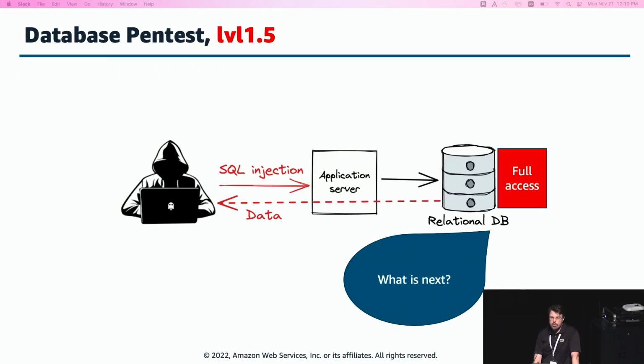So finally, when we have access and we have completely compromised the MySQL database, or we assume that we did compromise PostgreSQL to the point where we have a super user on the database, what's next?